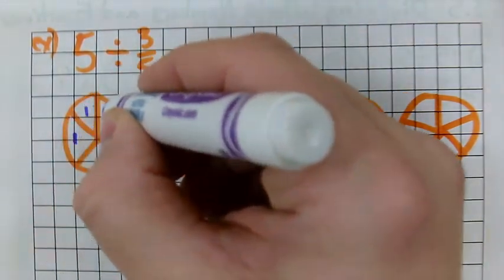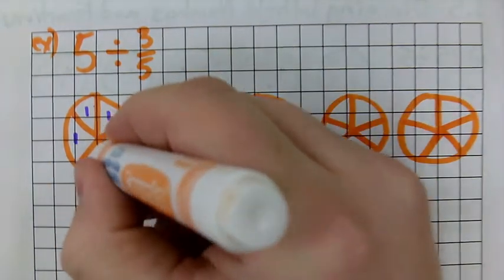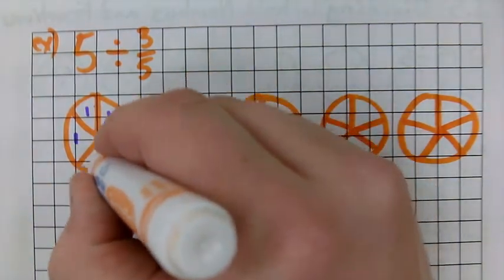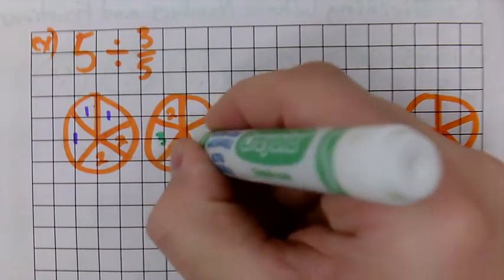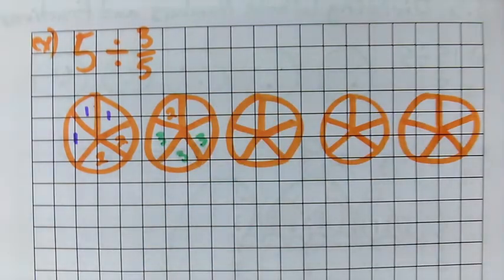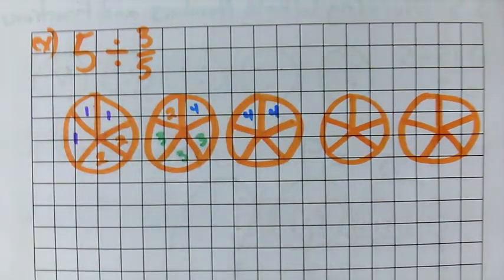So there's 3, there is my first group. Let's use orange. There's 3 more, my second group of 3/5. 1, 2, 3/5 right there is my third group of 3/5. 3/5 there, that's my fourth group of 3/5.